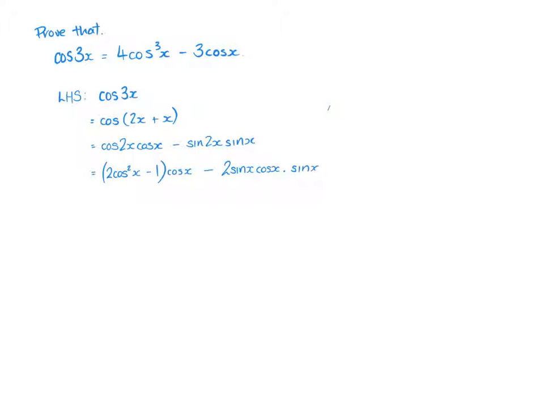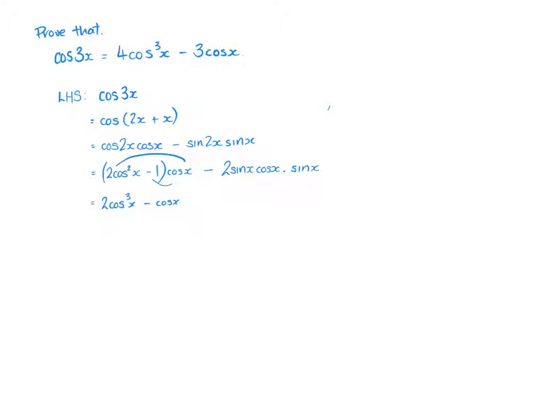Okay, so it is getting a bit more complicated pretty quickly. Over here we can do some multiplying out. So we're going to get 2 cos cubed x when we do our first bracket there. I'm going to have to take away cos x.